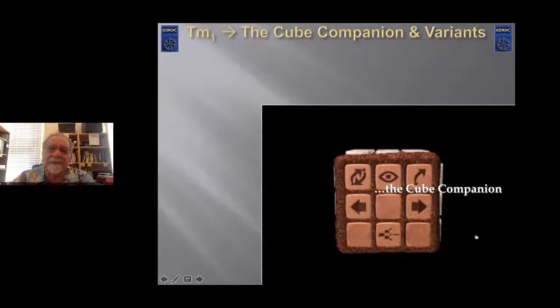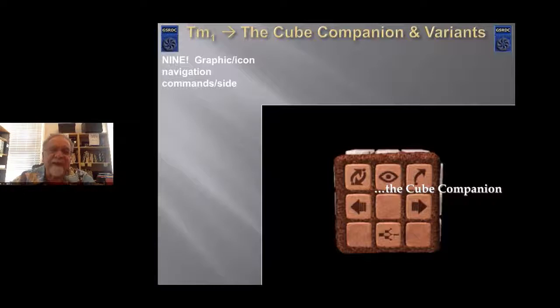For example, we decided to simplify the controls like forward or backward or repeat or get more detail, things like that. We decided that we needed lots of controls, so we invented the command cube.